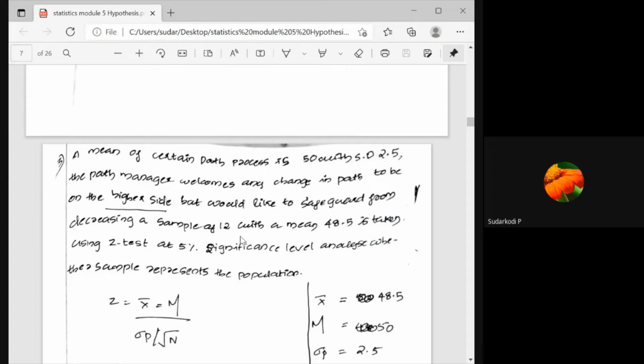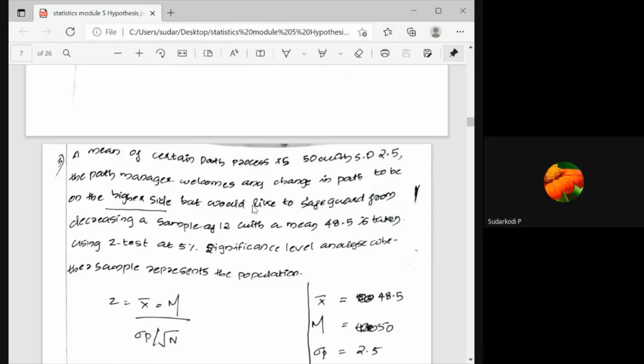Okay, now the manager of that company wants a change in the process, but the change in the process should always have a higher impact. So I have underlined in the question, higher side. For that change, he has taken a sample of just 12 and the sample mean is 48.5.